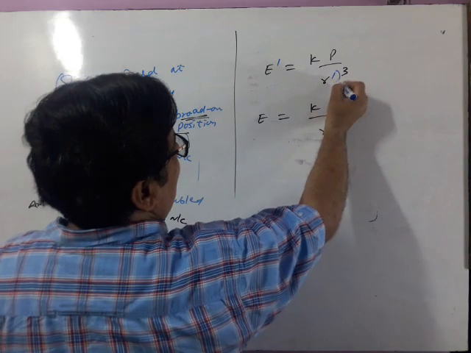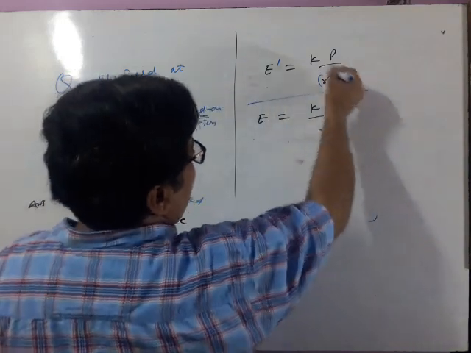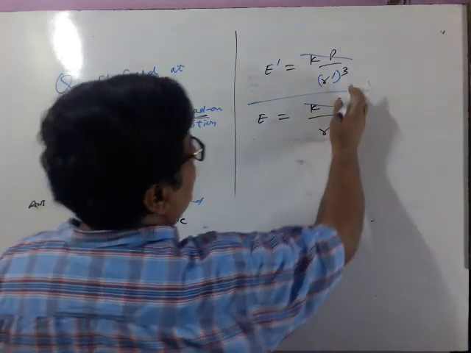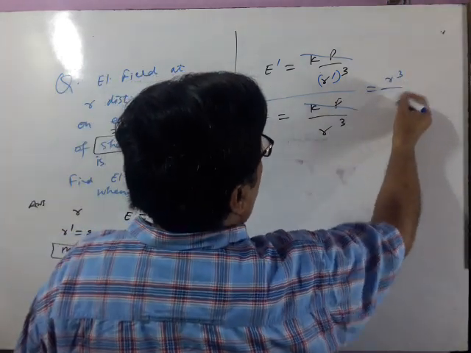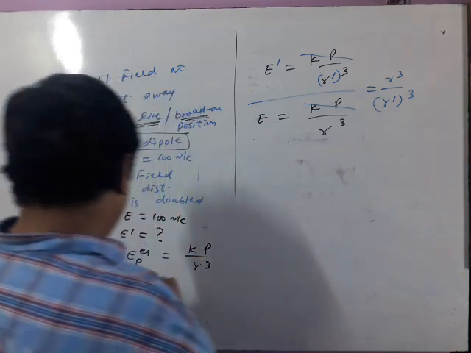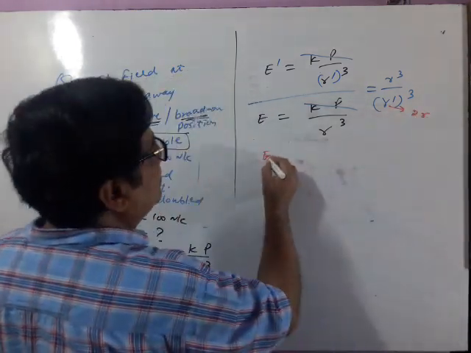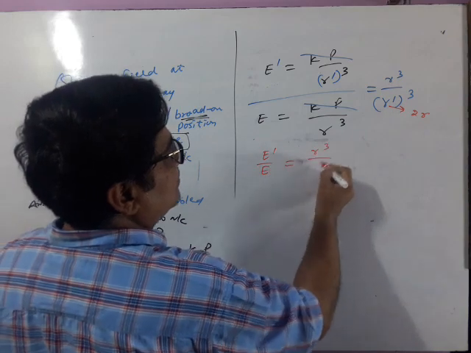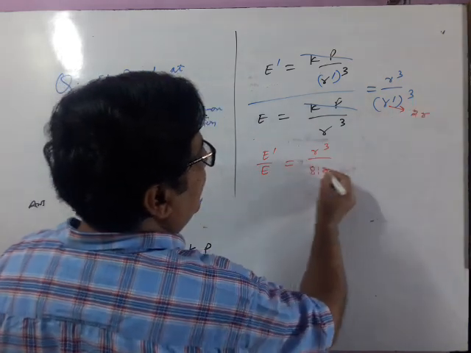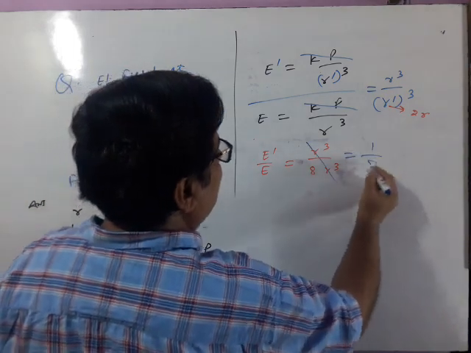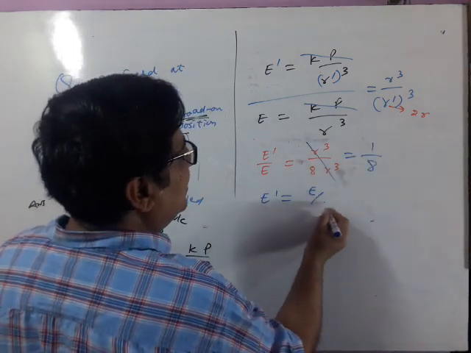Say it is E dash, r dash. Divide it; it is the same dipole, so the dipole moment will be the same and will be cancelled. It will be r cube upon r dash cube. You are doubling the distance, so this r dash is twice r. It is twice r whole cube, 8 r cube. You know r cube will be cancelled. So E dash is E by 8.